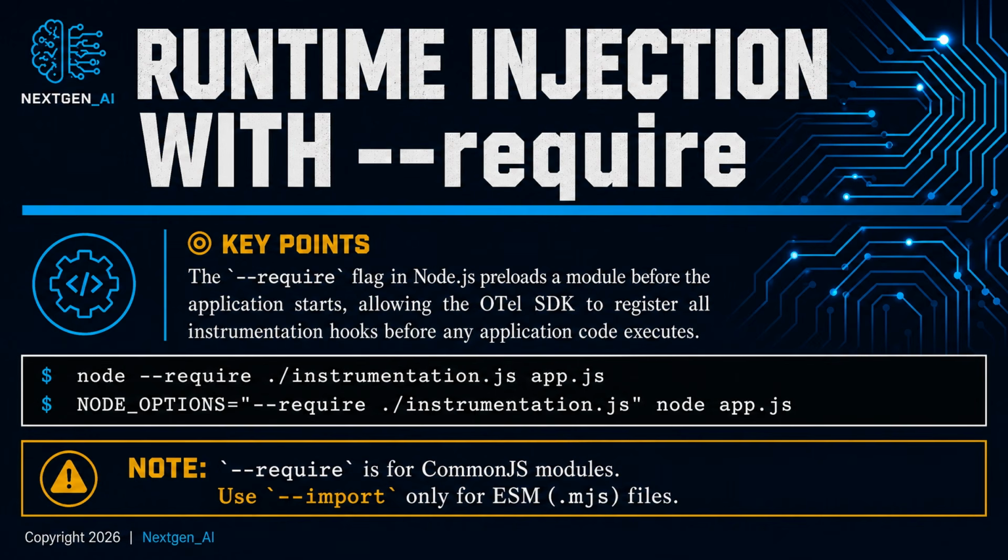The --require flag ensures a clean, deterministic initialization sequence. This pattern is standard across the Node.js ecosystem and is the recommended best practice for deploying OpenTelemetry auto-instrumentation in production environments, whether you are running on bare metal, inside Docker containers, or orchestrated by Kubernetes.